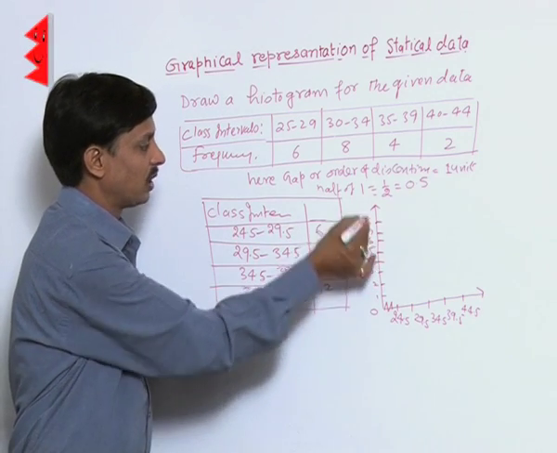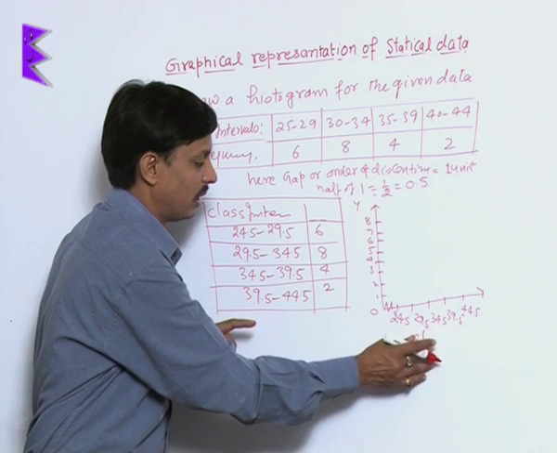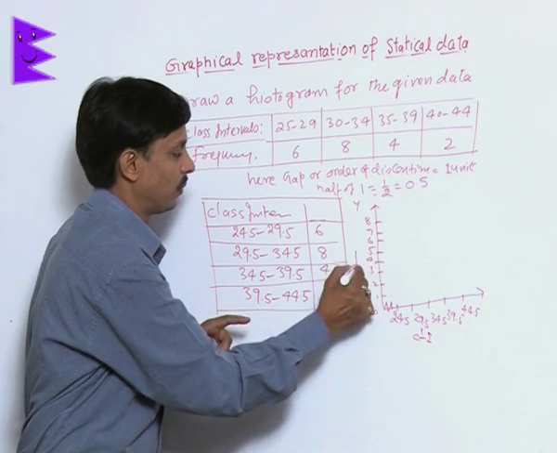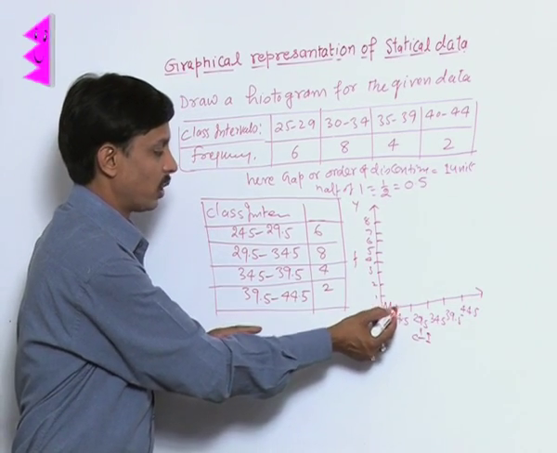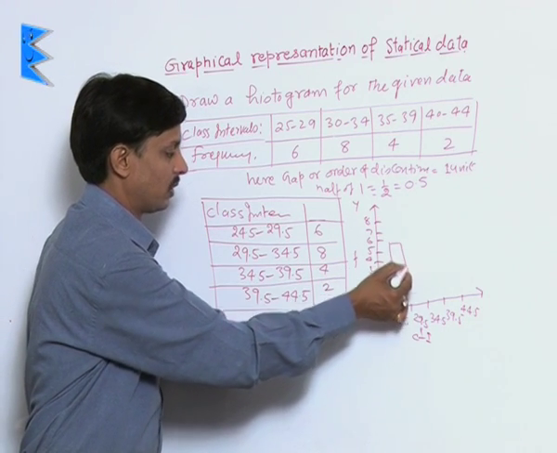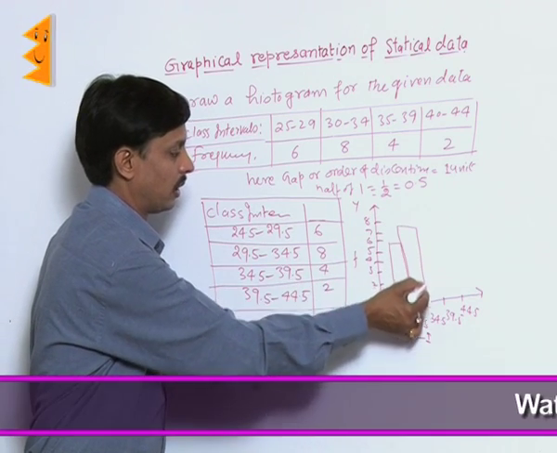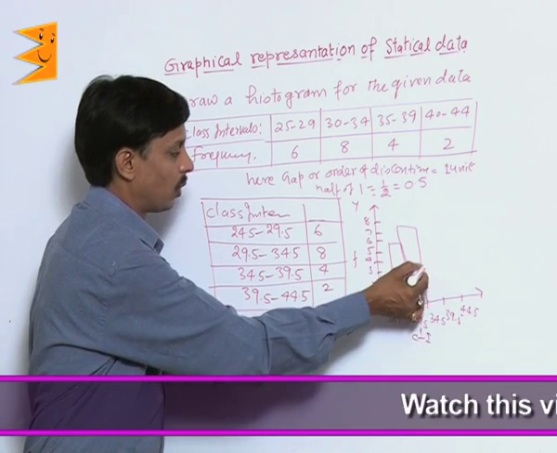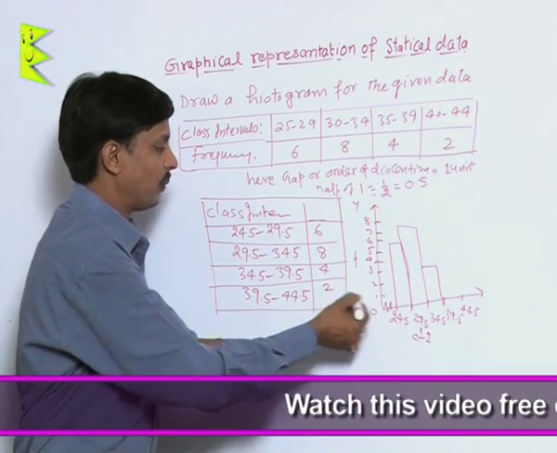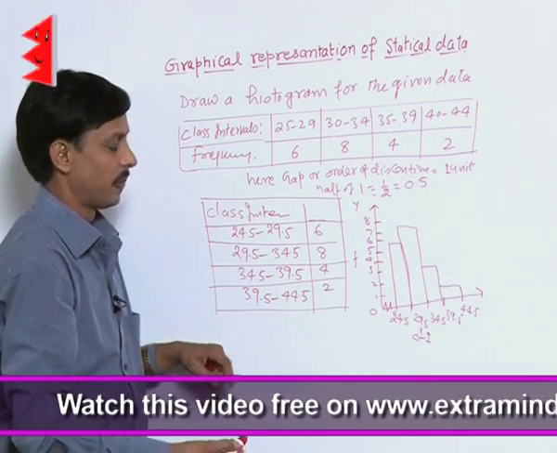We will not put any kink on the y-axis. These are the class intervals, and these are the frequencies. The first is 24.5 to 29.5, going up to 6, so I take this rectangle. The second goes up to 8, so I take it up to here. The next goes up to 4, and the frequency of the last is 2, so 2 is taken here.